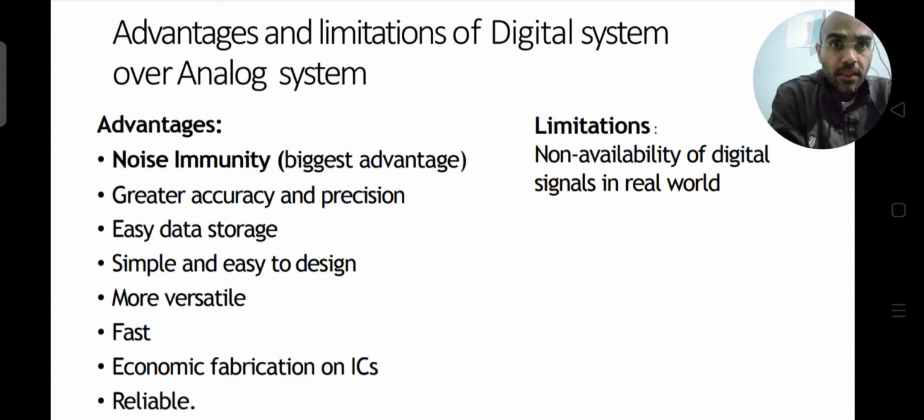But as we know that digital signals provide many advantages, what we do is, once we get the analog signal, we convert it to a digital signal and then process that digital signal with the help of digital systems.